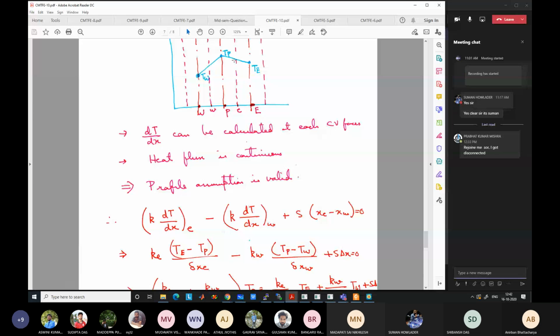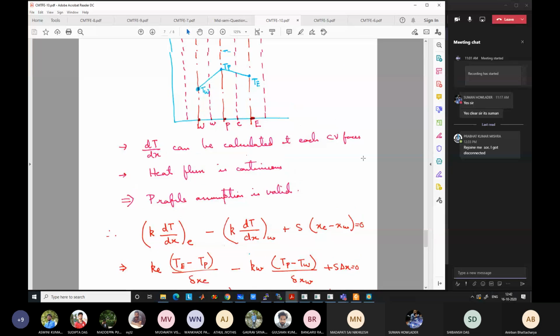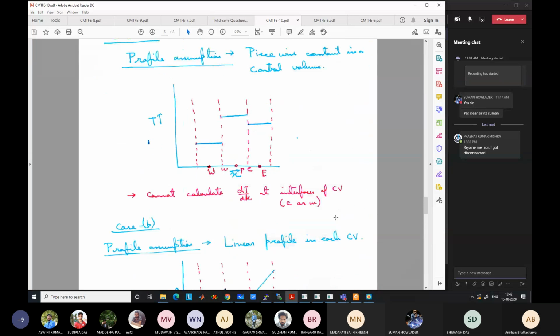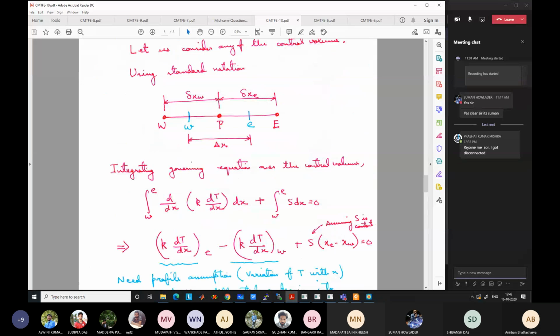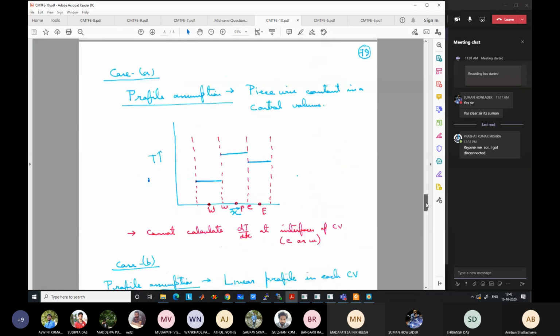So k at small e times dT/dx at small e. What is dT/dx at e? It is Te minus Tp divided by the distance between E and P. This is delta xc, if you remember, as we have shown. P and E are standard notation. Let us go back to it.